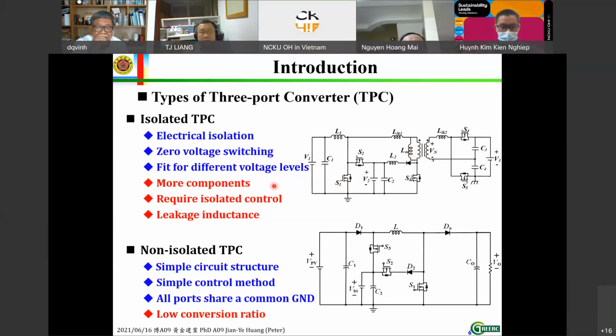However, it usually requires more components, requires isolated control, and has to solve the leakage inductance problem of the transformer. The non-isolated three-pole converter has a simple circuit structure, simple control methods, and all poles share a common ground, but it may suffer from a low energy conversion ratio.